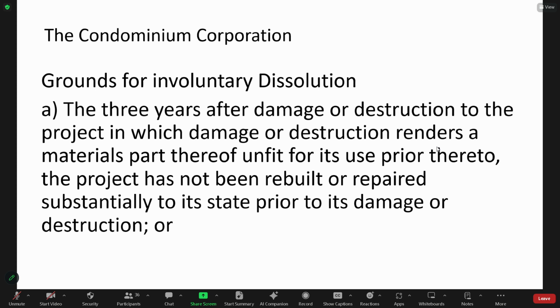Meaning, siguro, walang budget. Siningil lahat ng owners ipaayos, walang nagbayad. So, after 3 years, kung ganun pa rin yung situation, pwede nang ma-dissolve involuntarily yung buong condo corp. Yan, by law.